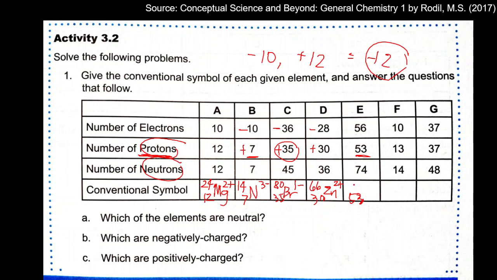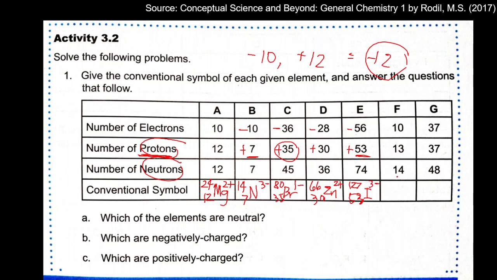This is iodine. And then the mass is 53 plus 74, that's 127. And the charge is negative 56 and positive 53. The charge is negative 3.